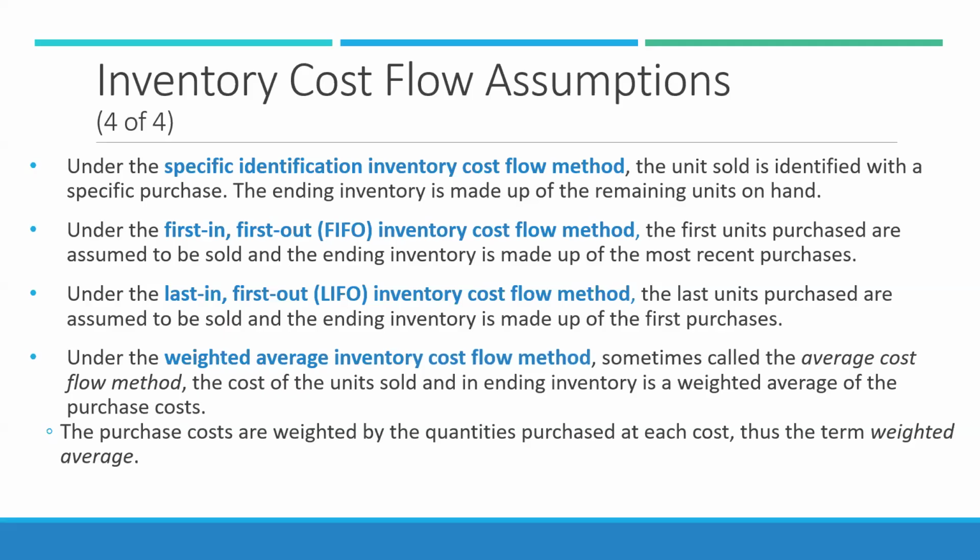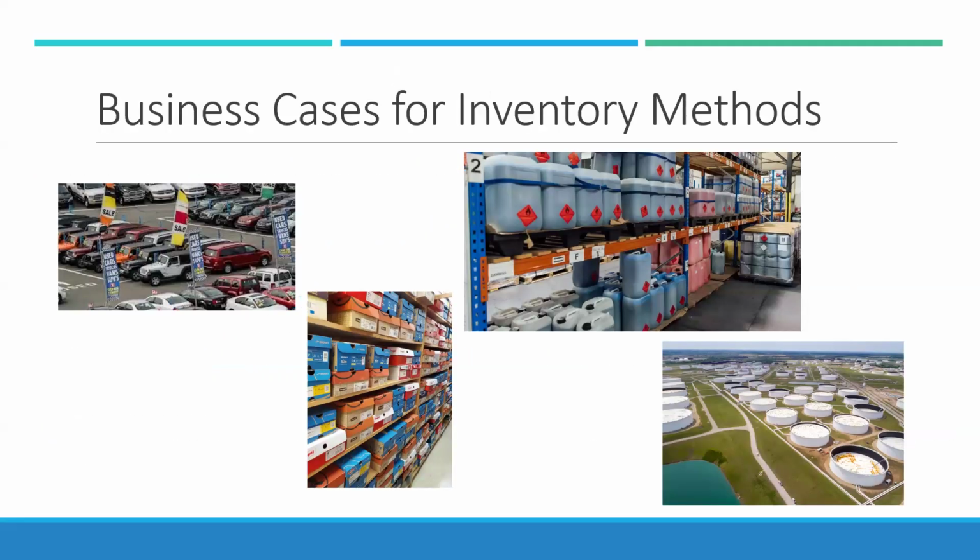First in, first out, the oldest units that are sold are what's used. You assume that the oldest units in inventory are sold and the newest purchases are what's in ending inventory. A lot of times this is in something that's perishable or something that goes out of style.